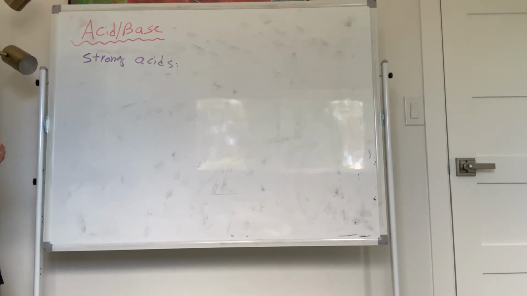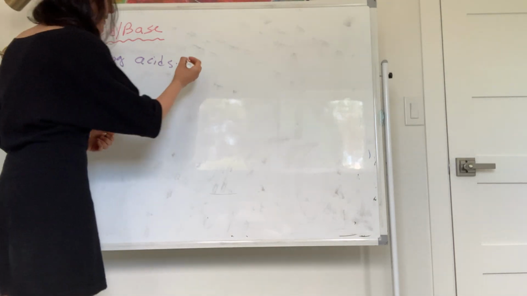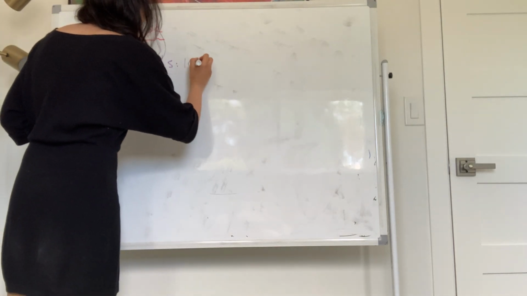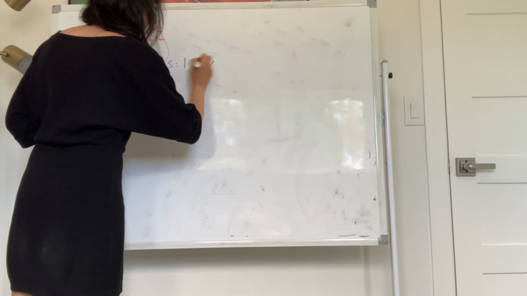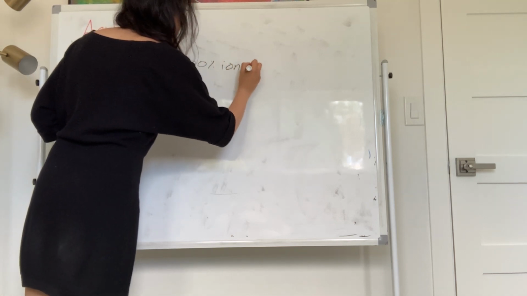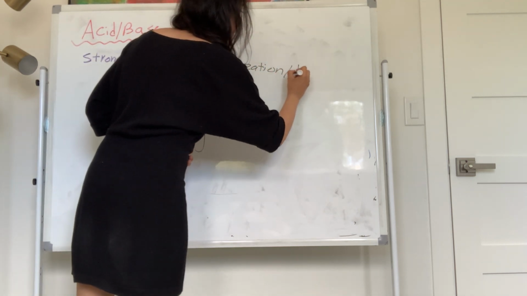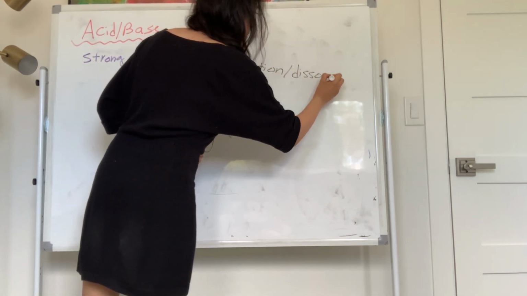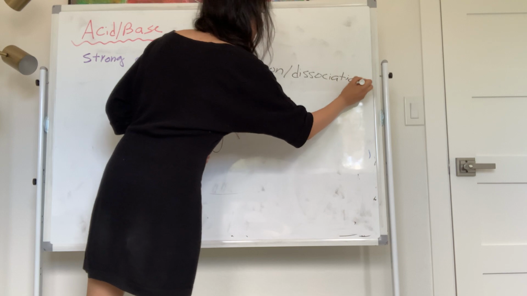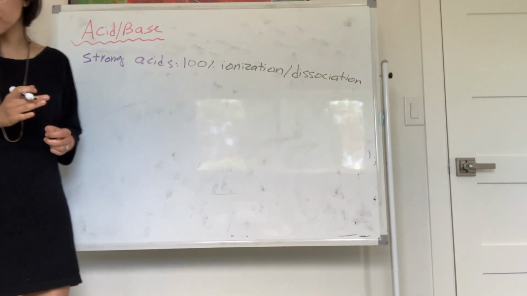Okay? What does it mean? Strong acid, and you have it in Chem 1A, what that means is they have 100% ionization or dissociation. They ionize in water 100%.